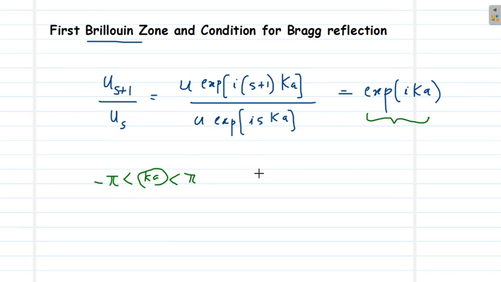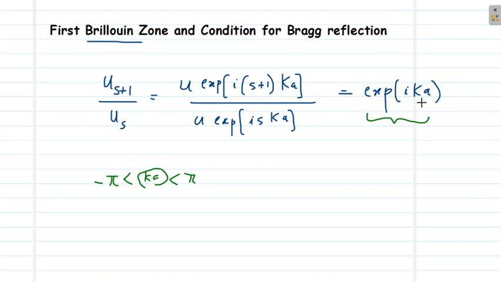If you put any other values greater than pi or lesser than minus pi, the function value you obtain will be the same as one obtained with Ka within these limits.